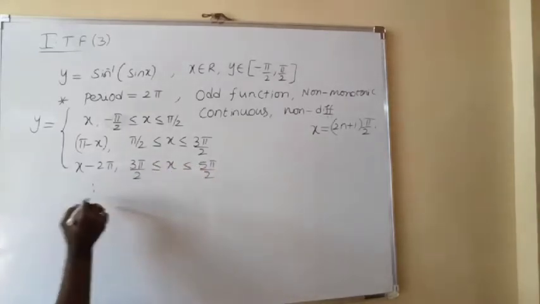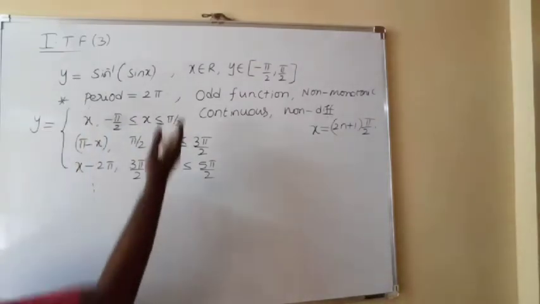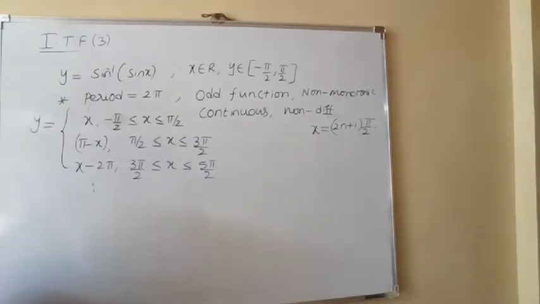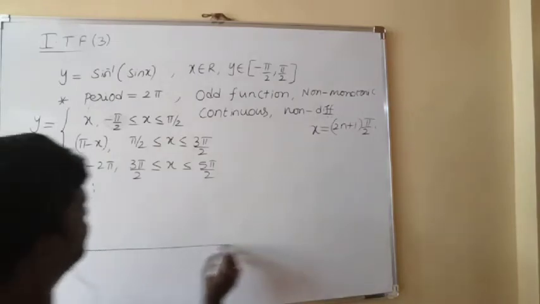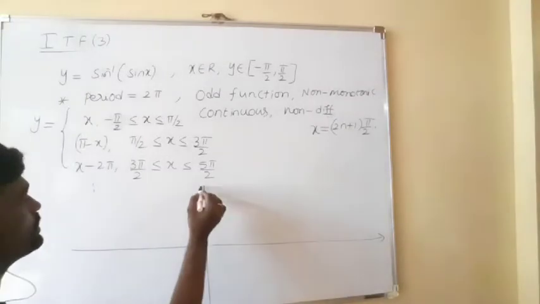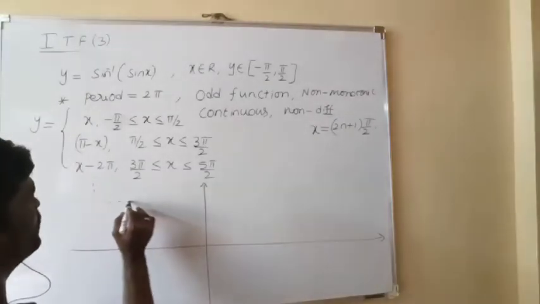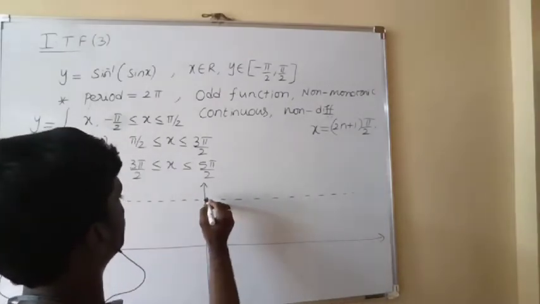So still you are getting branches. Here also you get branches because x domain is what? All real numbers. But I am considering only the graph of the function 0 to 2 pi. Okay. So domain is all real numbers, but the range is minus pi by 2 to plus pi by 2 only. So this is pi by 2.